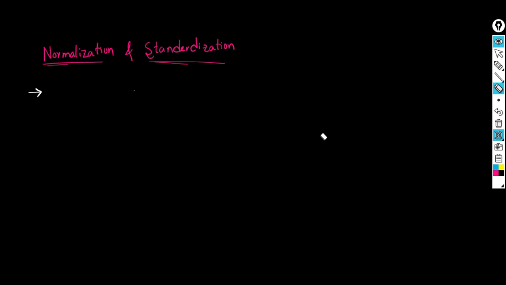What is the basic problem with the distance based approaches? Let's see that. We have models like KNN, logistic regression and SVM. Let's consider the data looks like features F1 and F2.